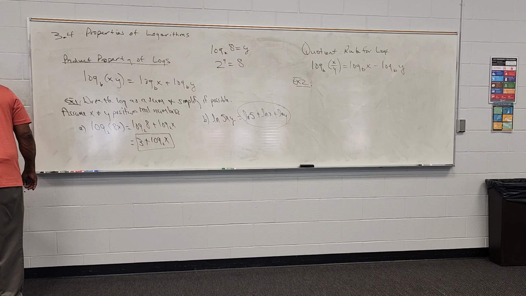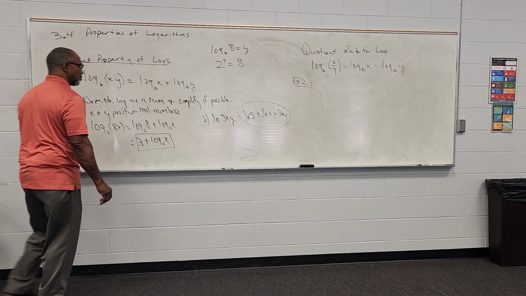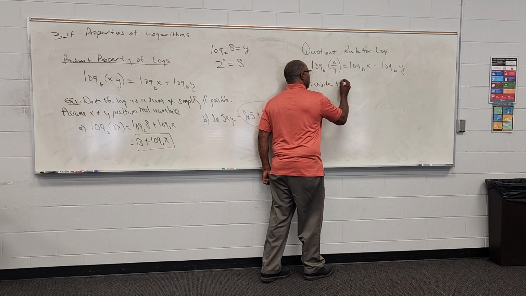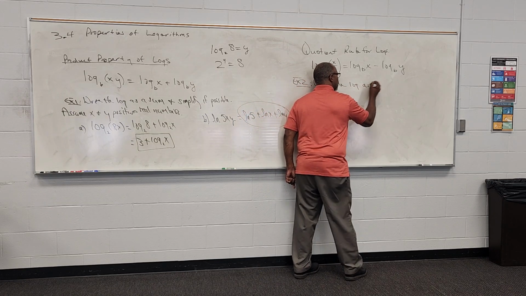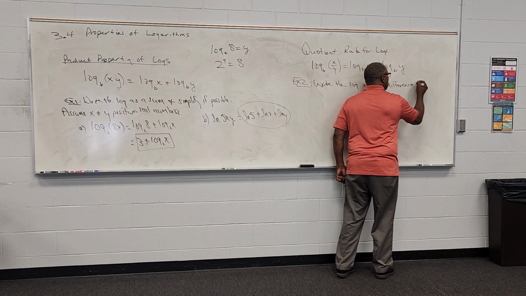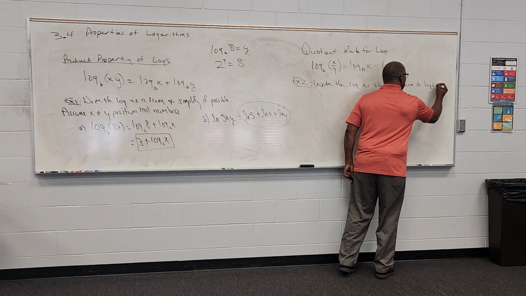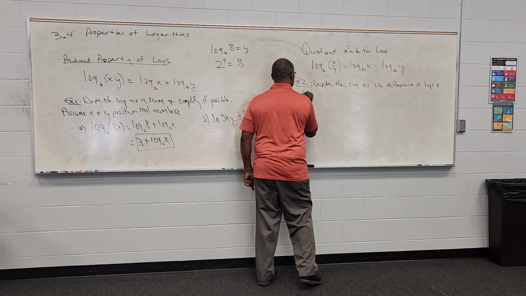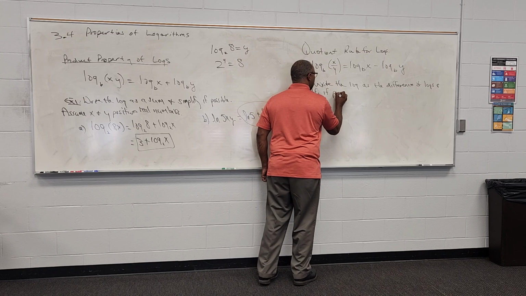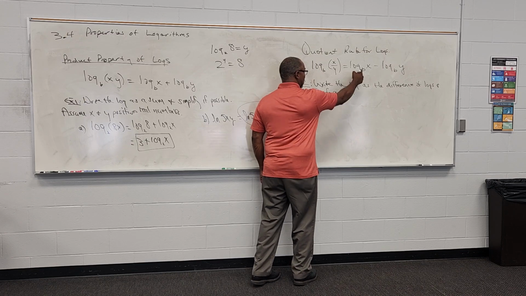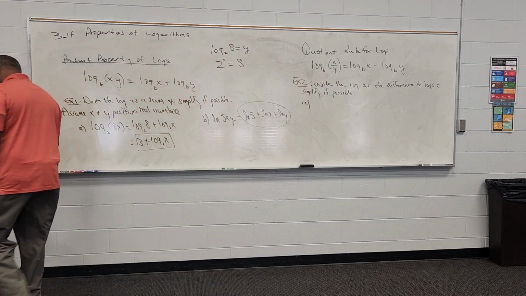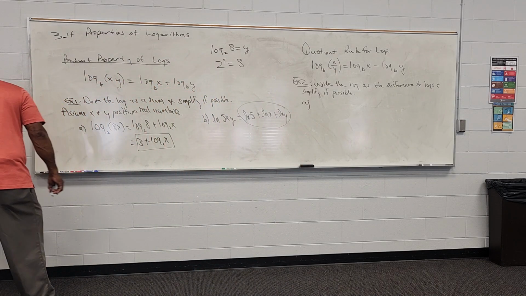Says write the log as the difference of logs and simplify if possible. And again, assume x and y are all positive, because you can only take the log of things that are positive. So they have log to the base 3 of c over d.